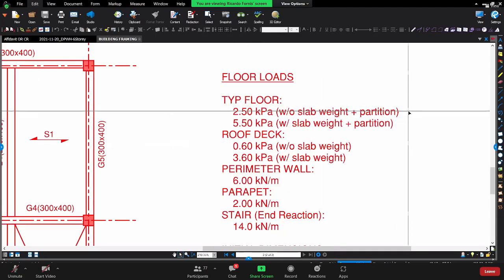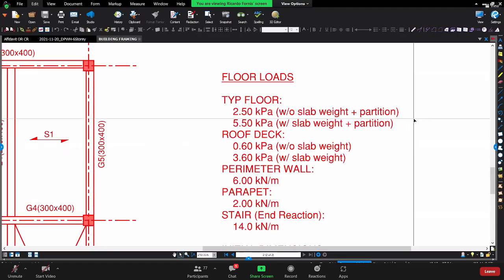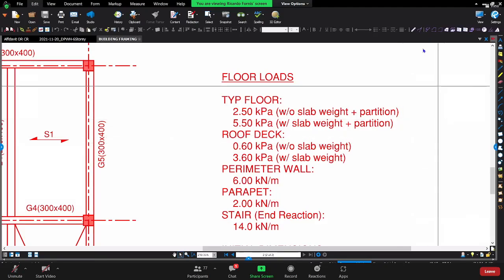By the way, although the layout of the partitions is linear, in practice we normally consider it as uniformly distributed or distributed per area, just to simplify the analysis.